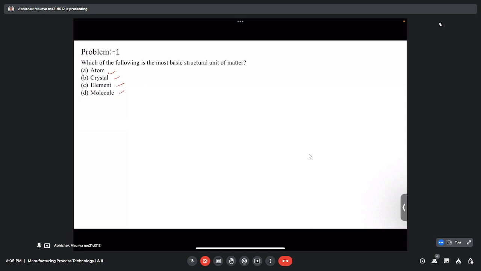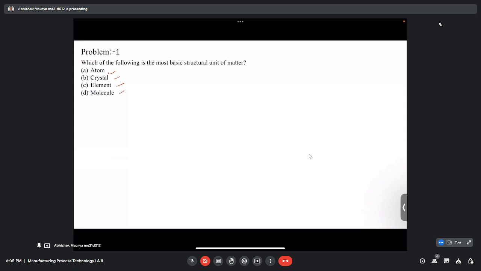So this is the basic unit of any material. All the material which we see around us is made up of atoms, and atom itself is made up of electron, proton, neutron. So yes, atom seems to be the correct answer. Let's try to see other options also, why they will not be a suitable answer for this.